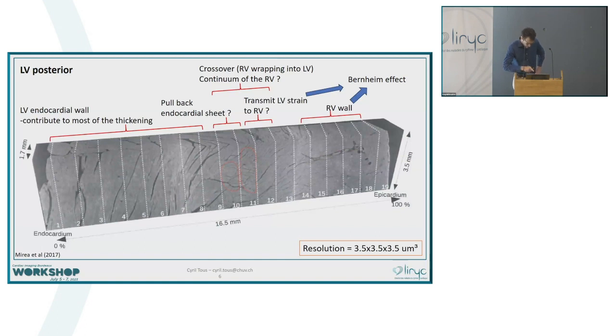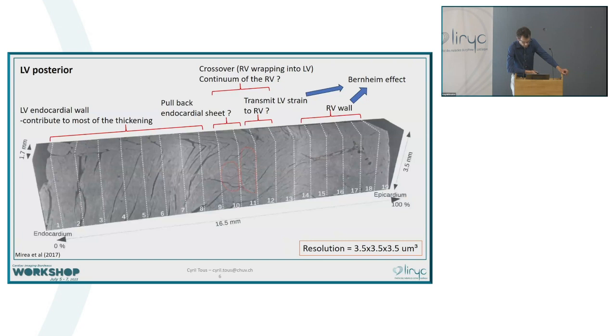As I said, some of the segments are quite different from each other. You start with really compact fibers from the RV with no sheetlets, then very small sheetlets which are orthogonal at midwall, and then at the endocardium, a really large cleavage plane and sheetlets with really large vascularization.